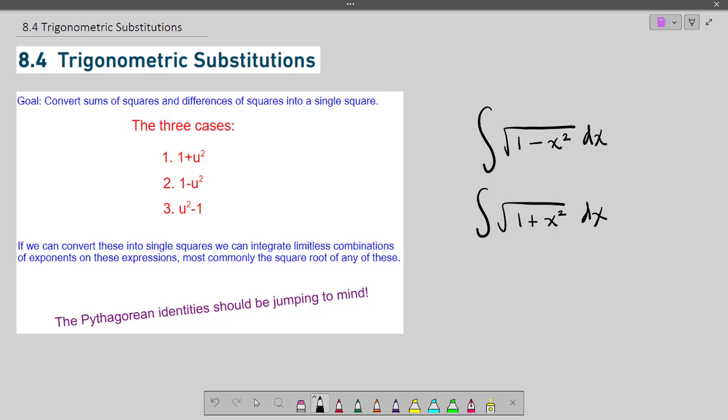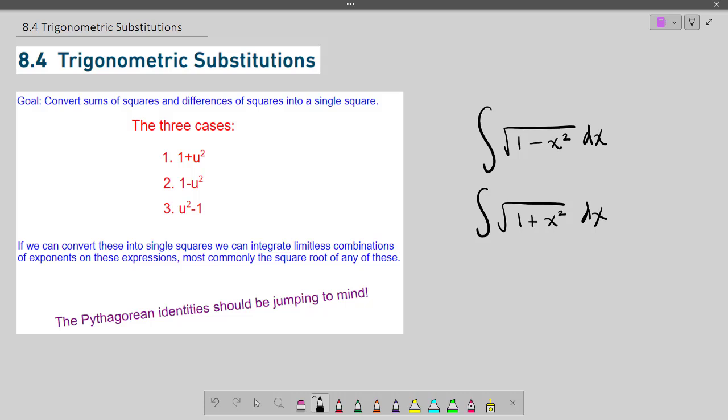And there's a lot of those that just don't work with regular U substitution or integration by parts or anything like that. And so what we need to do is come up with another technique to deal with sums and differences of squares. And that's what trigonometric substitution does.